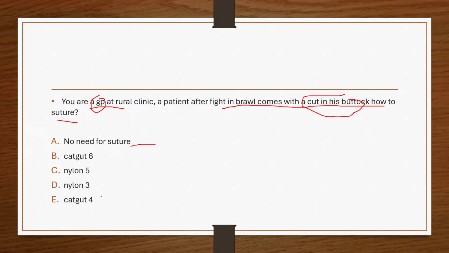Now first you have to decide whether you are going to suture or not, and then if you are suturing, what suture material you are going to use. So how do you decide whether you are going to suture or not? Can somebody mention?